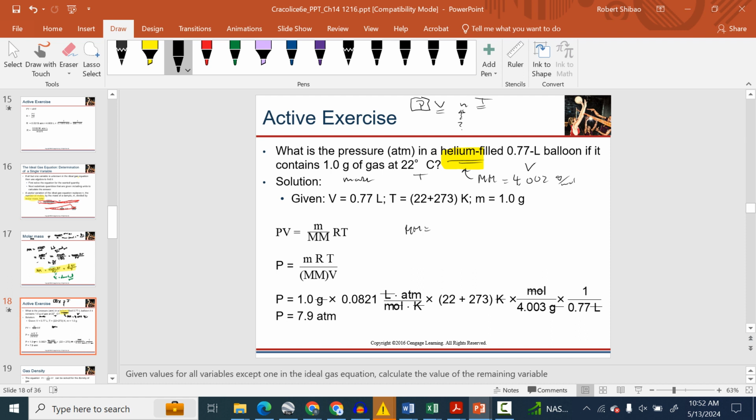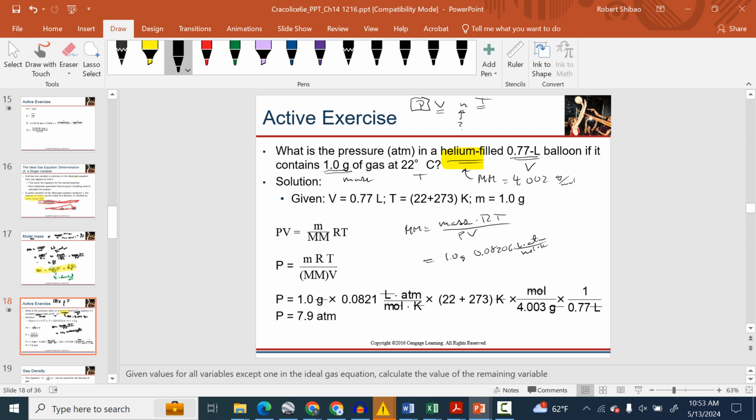How can I get the density? I take the grams divided by the liters. That's the density. Or I could just leave it. This is equal to the mass times what? RT divided by PV. But we already know what the density is. We could figure it out, but I'm just going to plug in the mass, 1.0 grams. R is going to be 0.08206 liters times atmosphere divided by mole Kelvin.